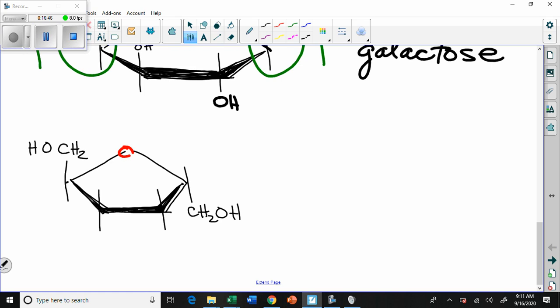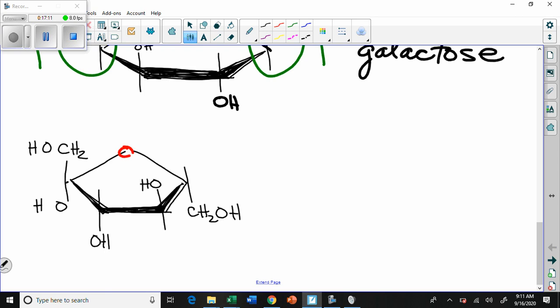All these little details that make organic chemistry complicated to learn, right? Okay, and now we need to put some OHs in. So we're going to put an OH down here, and then we're going to put an OH up here. I'll write it backwards so it fits better. And then we have one more right here, and the rest are H's.